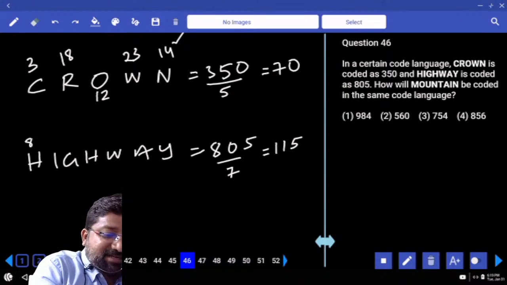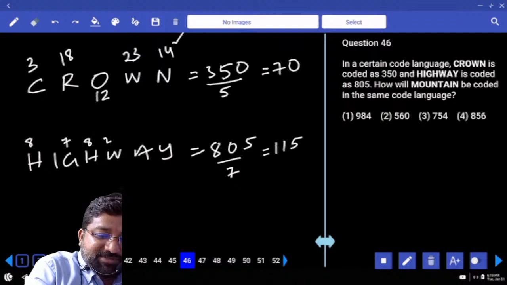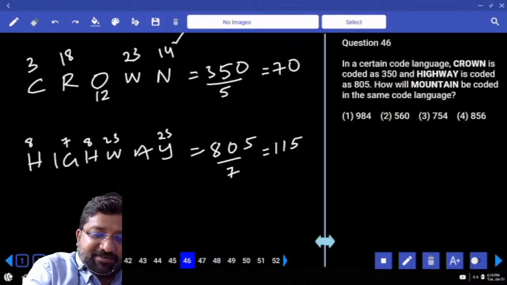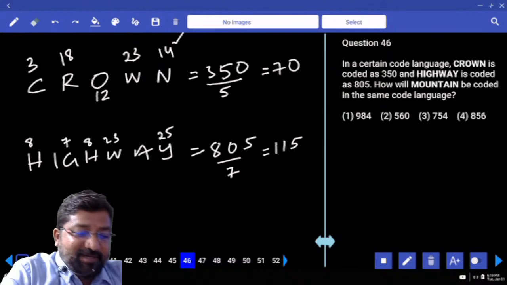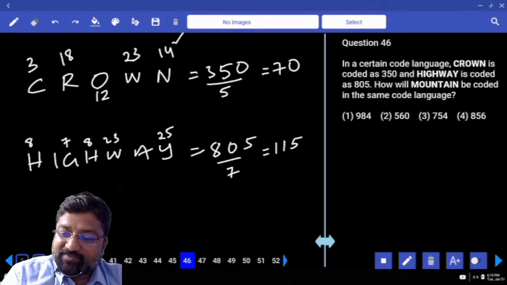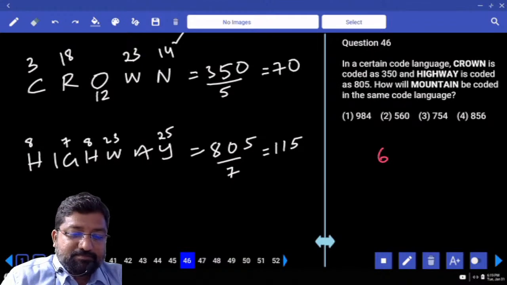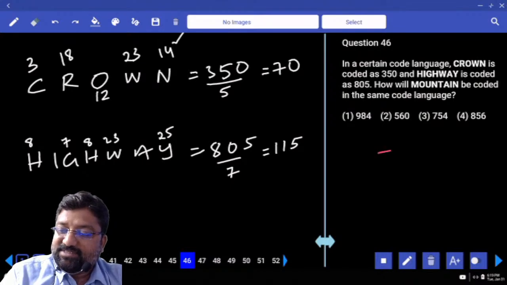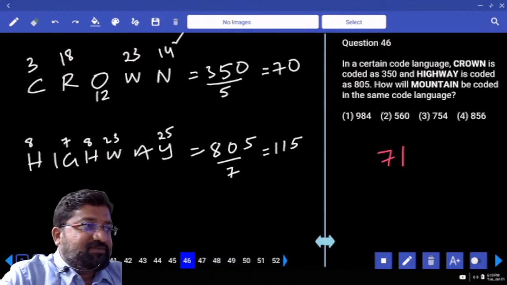H is 8, G is 7, మళ్ళీ H is 8, W is 23, Y is 25. Come on, Babu. 8 + 7, 15. 15 + 8, 23. 23 + 23, 46. 46 + 25, 71.